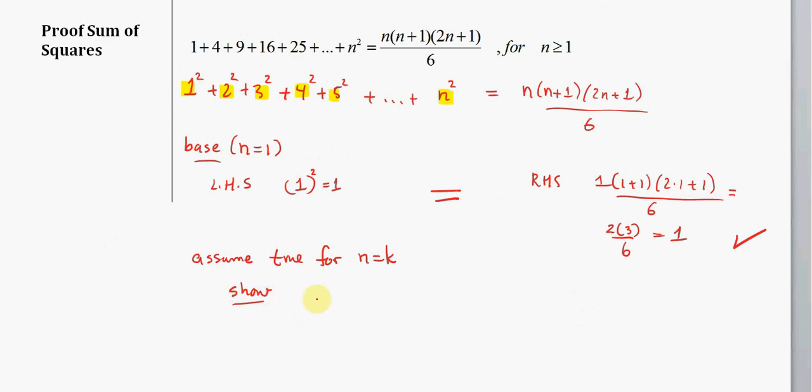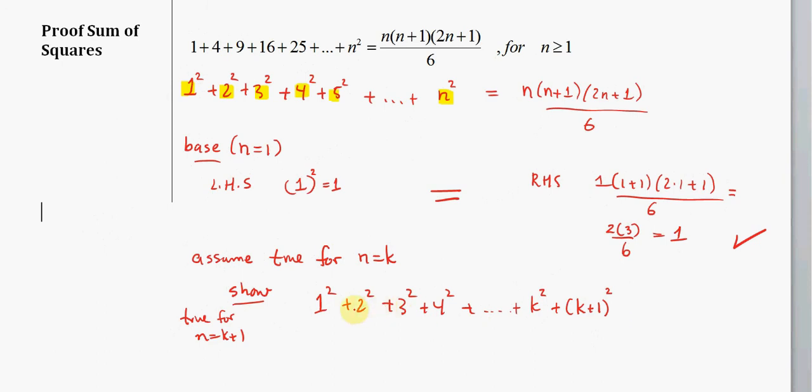In other words, we want to show that 1 squared plus 2 squared plus 3 squared plus 4 squared, and so on, 5 squared, 6 squared, all the way to n equals k squared, and then one step further, all the way to n equals k plus 1. So we want to show it's true for n equals k plus 1.